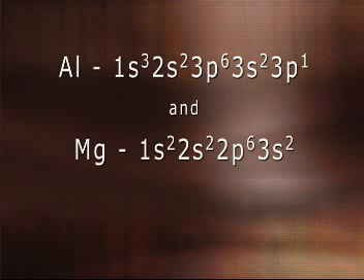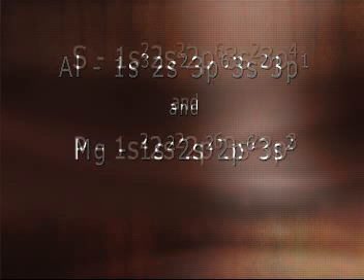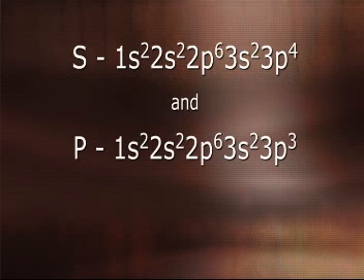The first ionization energy of magnesium is larger than that of aluminium because of completely filled sublevel stability. The first ionization energy of sulfur is lower than that of phosphorus because of half-filled sublevel stability. It is difficult to remove an electron from an atom that has a half or completely filled outer sublevel. This explains these atoms' ionization energy.